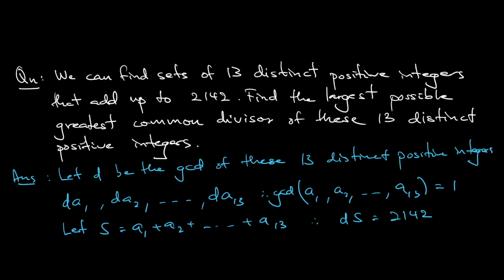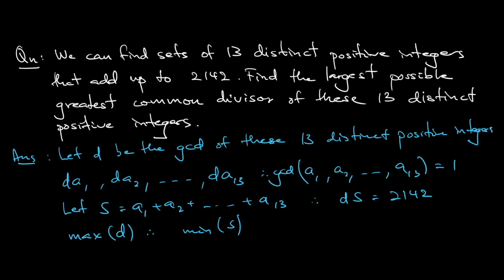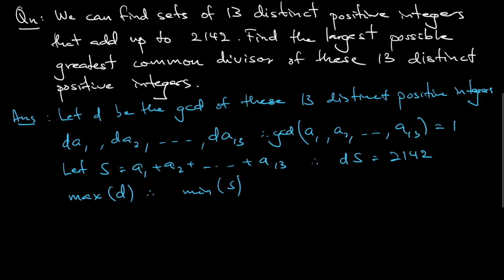is 2142. If you want to maximize D, and that's from the question, this product is fixed at 2142. If you want to maximize D, it means that you need to minimize S. Notice that S is the sum of A1 all the way until A13, and the A's need to be all different.